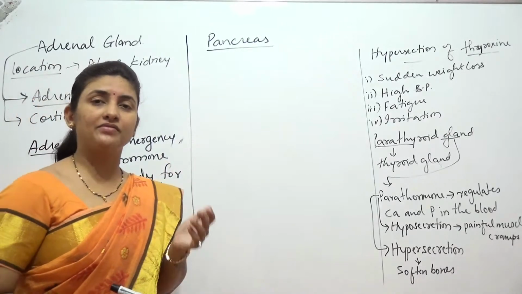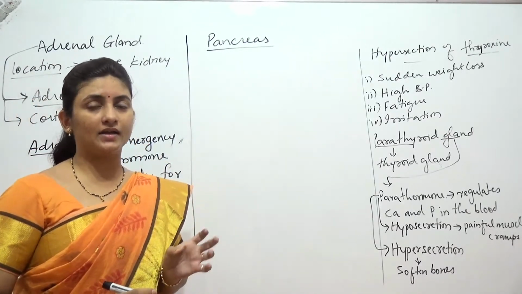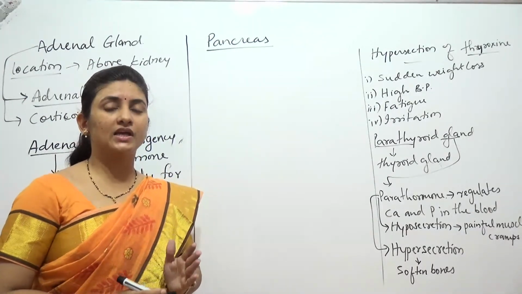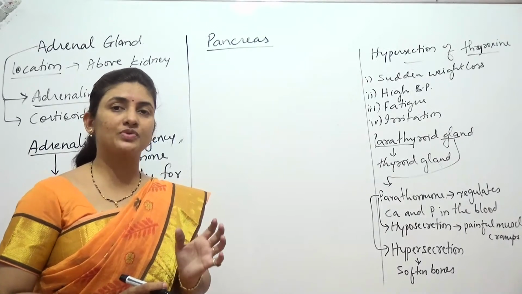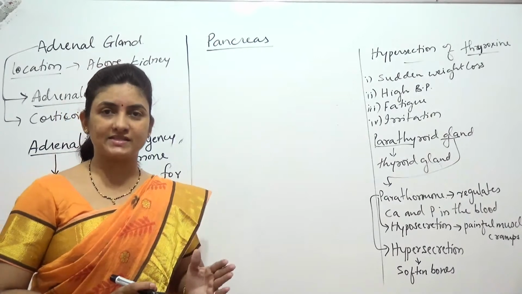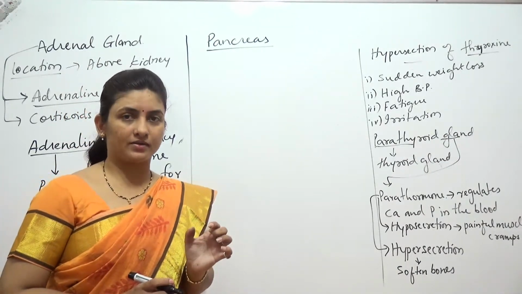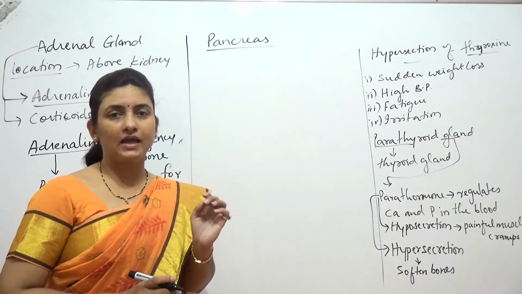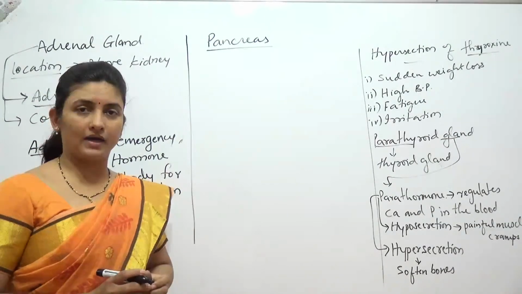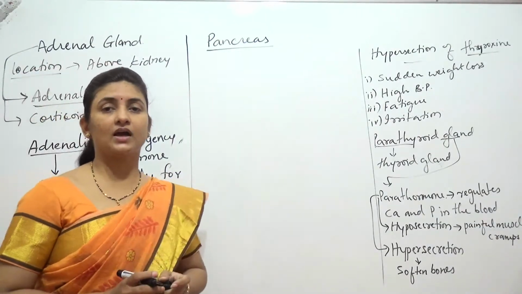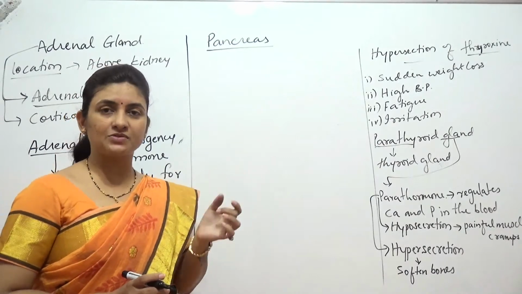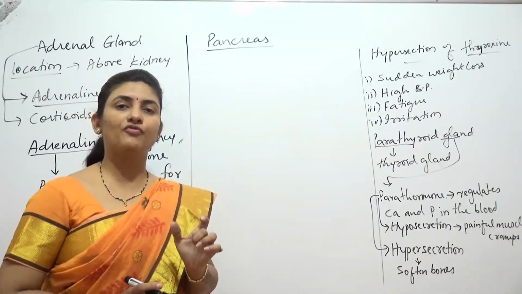But there, I have already mentioned that the pancreas is a heterocrine gland, because a part of it in the alimentary canal acts as an exocrine gland, as the secretions are in the form of enzymes which pass through the duct. So in the alimentary canal, it acts as an exocrine gland. But here, as an endocrine gland, the pancreas secretes hormones, as its secretion is in the form of hormones.